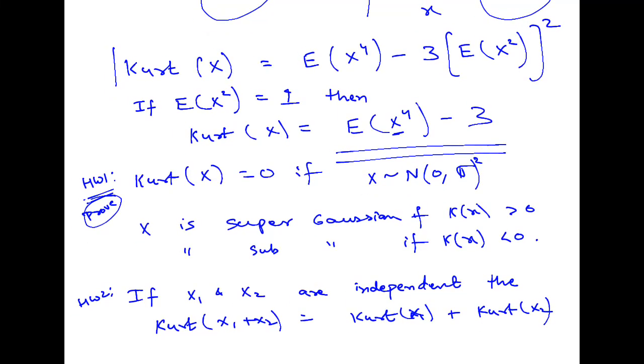This, I think, is elementary. Kurtosis of alpha x is equal to alpha to the power 4 times kurtosis of x. These are simple properties of kurtosis that you can then show.